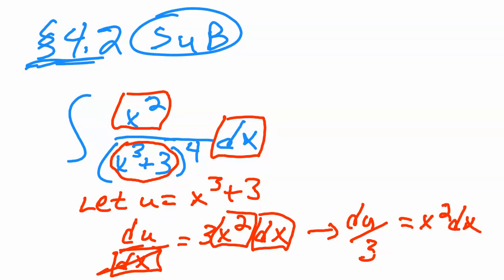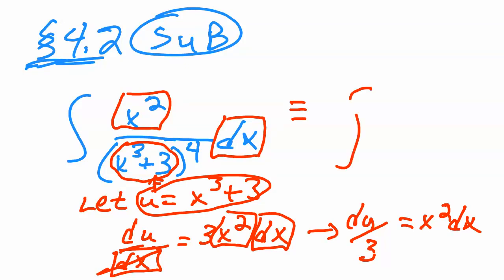And so what I'm going to do then is plug this u in right there and rewrite this. So what is this equivalent to? This is going to be equivalent to the antiderivative of what? Well, remember 1/3 I can pull out in front, because the antiderivative of a constant times a function.